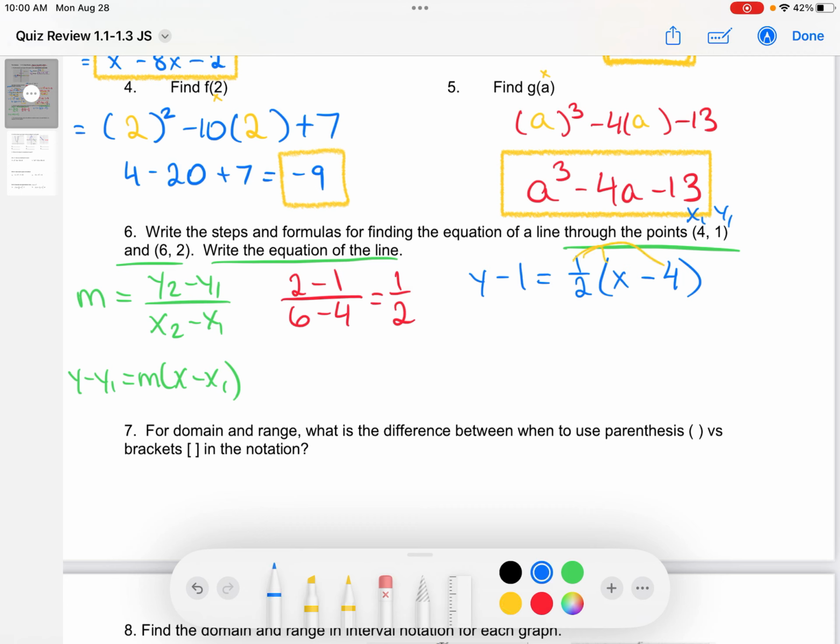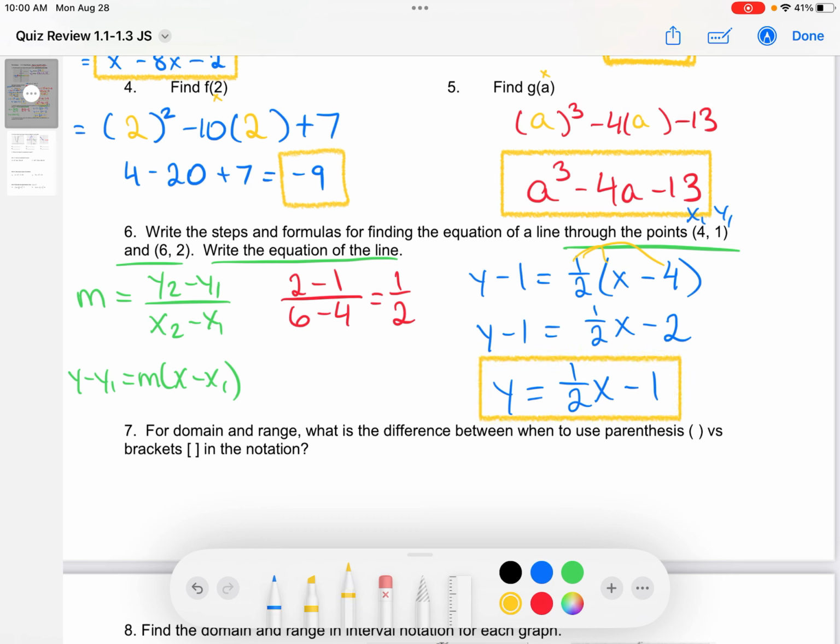Distribute the 1/2. Y minus 1 is equal to 1/2 x minus half times 4. Half of 4 is just 2. And then we do want this in slope-intercept form, so we'll add the 1. So y is 1/2 x minus 1. And there is the equation of the line.